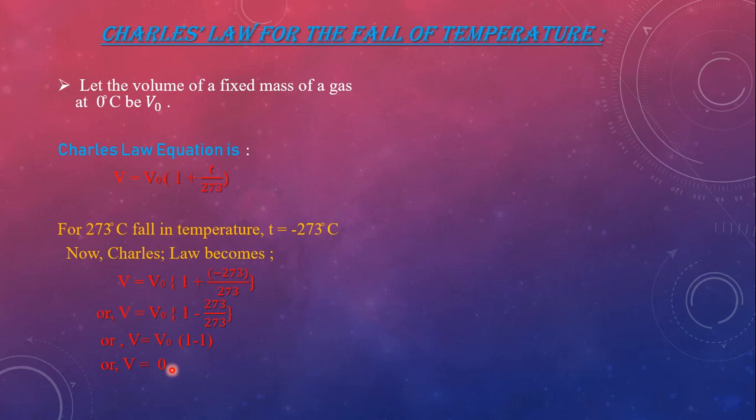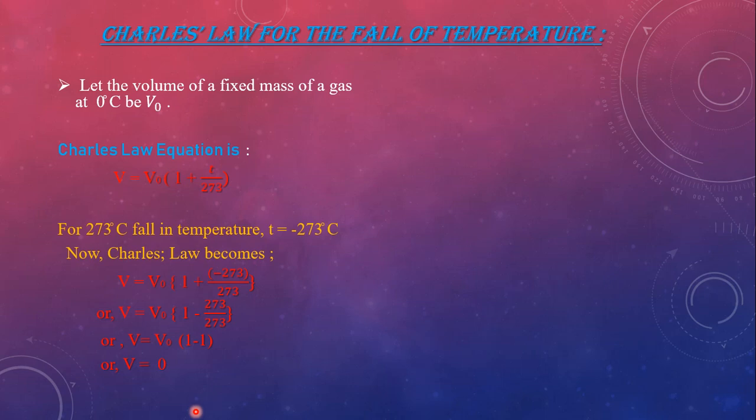So the Charles' law equation says if you decrease the temperature to minus 273 degrees Celsius, because initially our temperature is 0 degrees Celsius, now we are decreasing how many? Minus 273. So 0 minus 273 is minus 273. So at minus 273 degrees Celsius, the volume of any gas becomes zero. There will be no existence of volume.